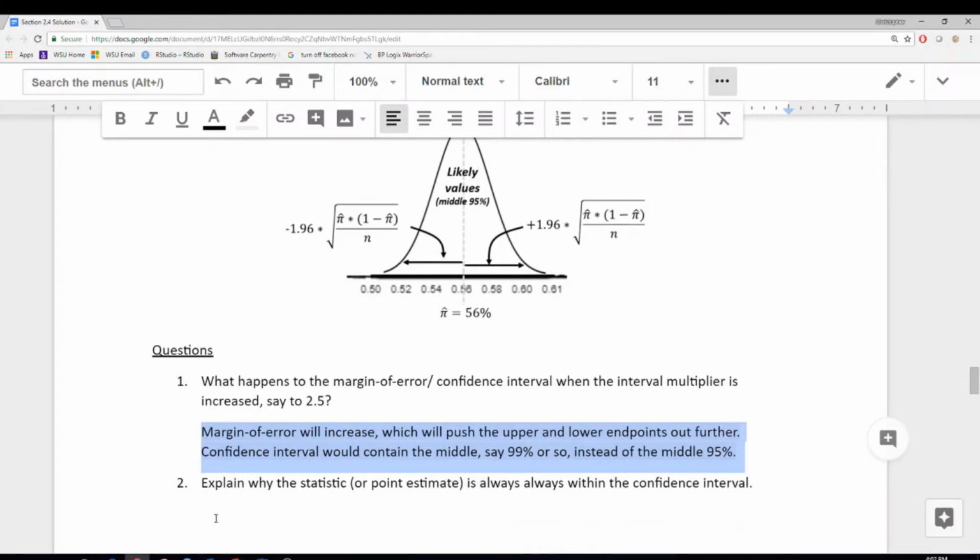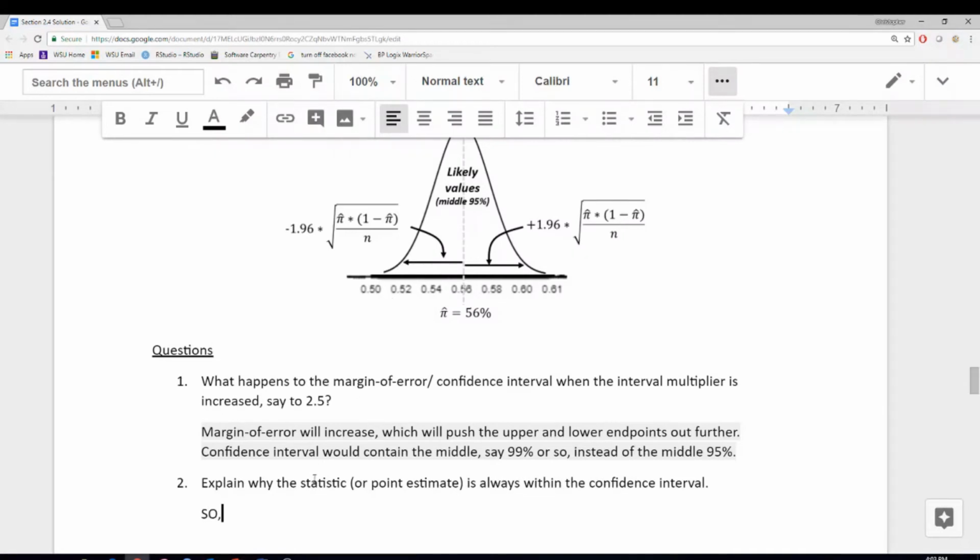How about the second question here? Explain why the statistic or the point estimate is always within the confidence interval. Well, it's always within the confidence interval because that's the starting point. When I build the confidence interval, I start here at that statistic, and I build my margin of error up from that, and I build my margin of error down from that.